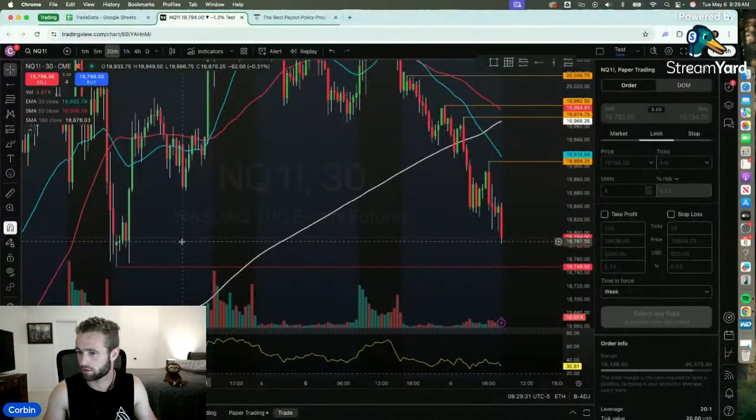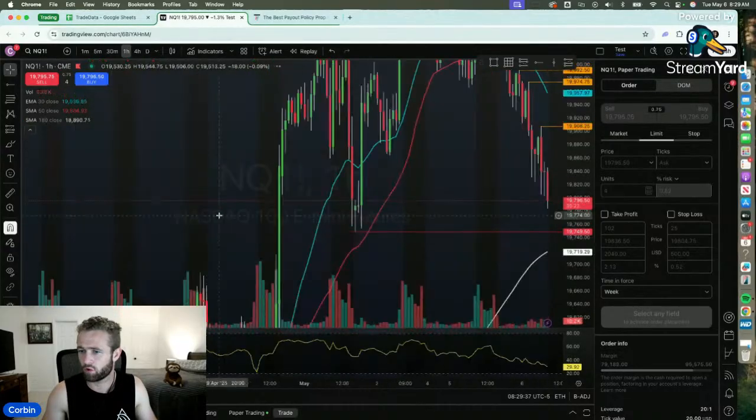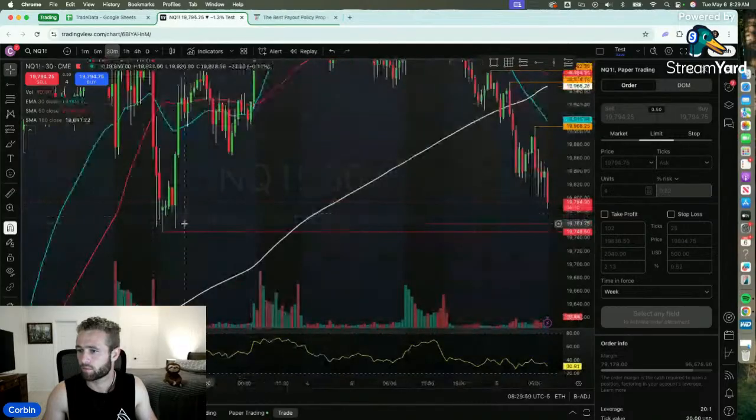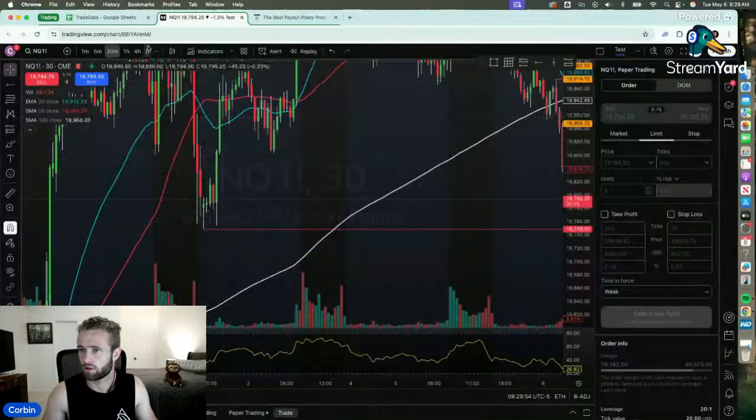Took out those lows right there. Do we have 1-hour lows there too? Move down, move up. Yeah, 1-hour low right there. We could get a draw right there. 30-minute low and then move up.